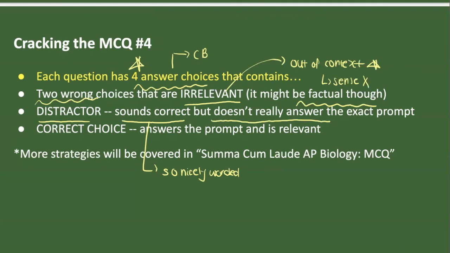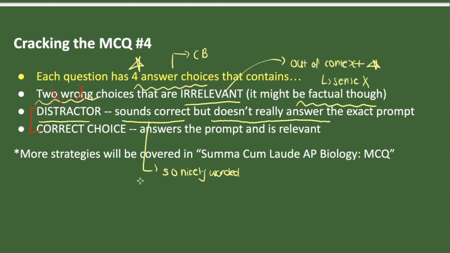So a lot of students, let's say I'm taking this MCQ section, they know these 2 choices are just wrong. If you know the content, you just know they're wrong. But they get stuck between these 2 choices.